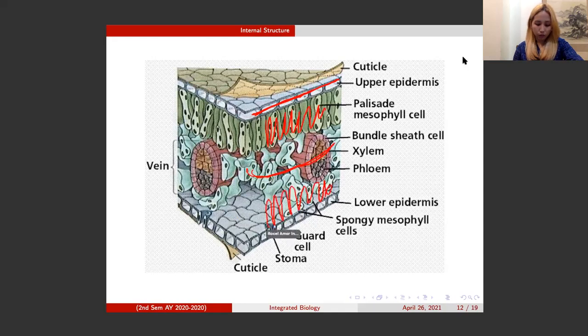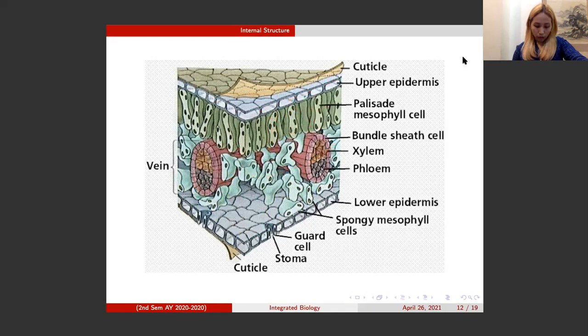So these are the ones that have a bilayer of palisade cells. Okay? So yung most of the plants only have one layer, and when a plant only has one layer of palisade tissue, normally it is found right beneath the upper epidermis. Okay, that is something that you have to take note.